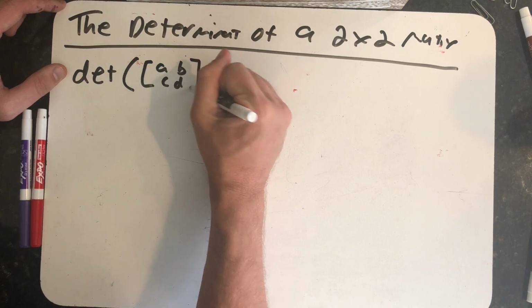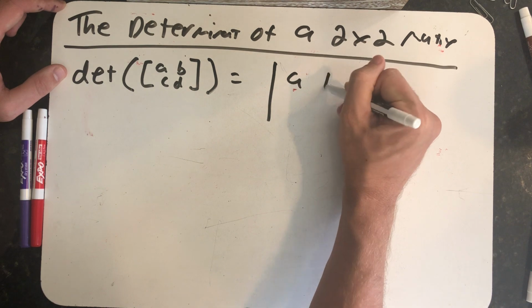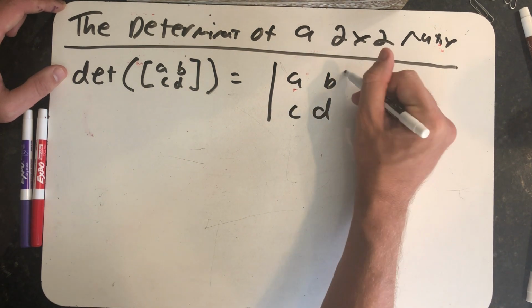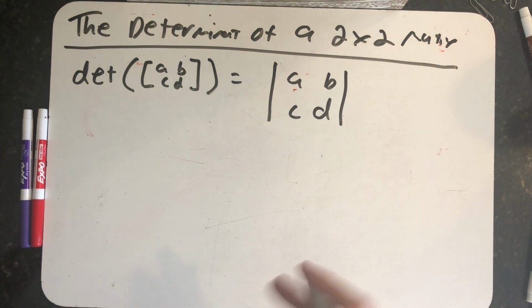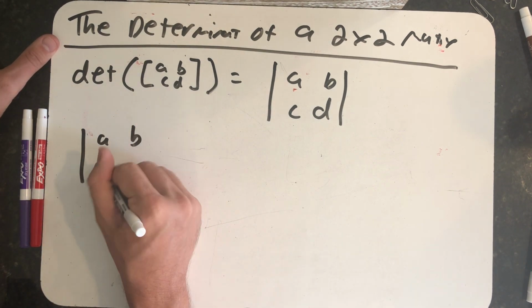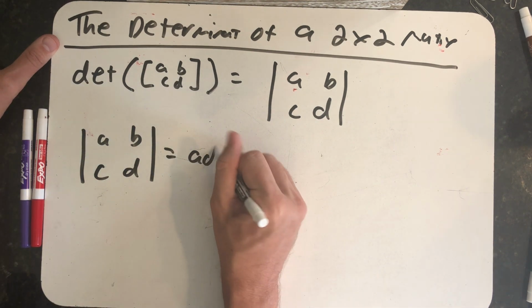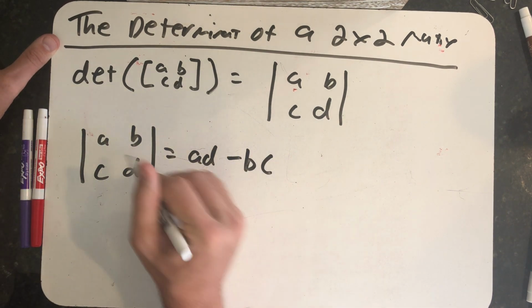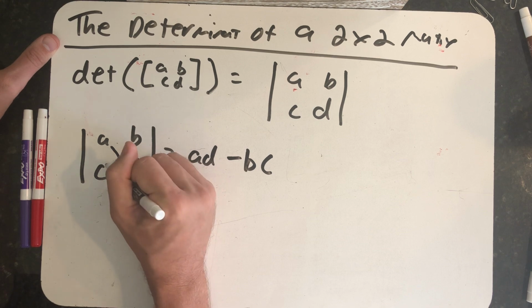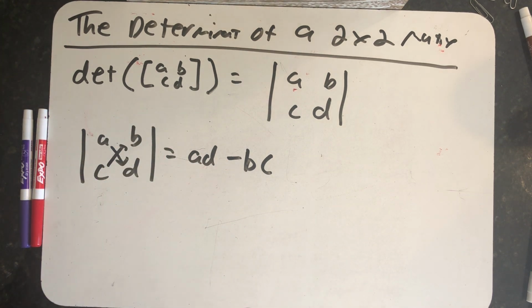And I'll just use A, B, C, and D as the entries. Or instead of matrix brackets, we replace them with a determinant symbol, which looks a lot like absolute value. The definition of the determinant of a 2 by 2 is this calculation: AD minus B times C. You multiply the diagonals, and it's this diagonal minus that diagonal. That's how you compute the determinant of a 2 by 2 matrix.